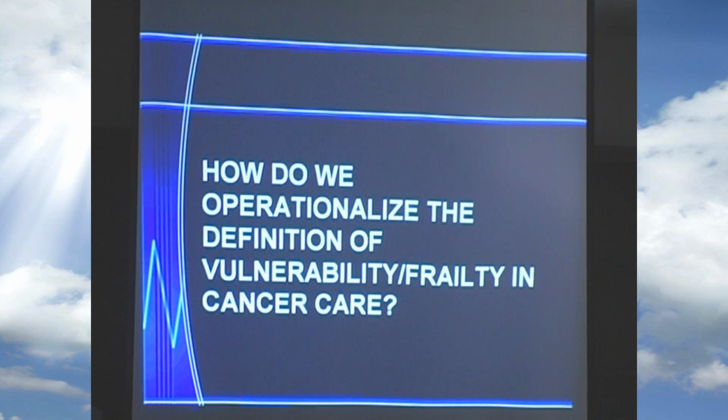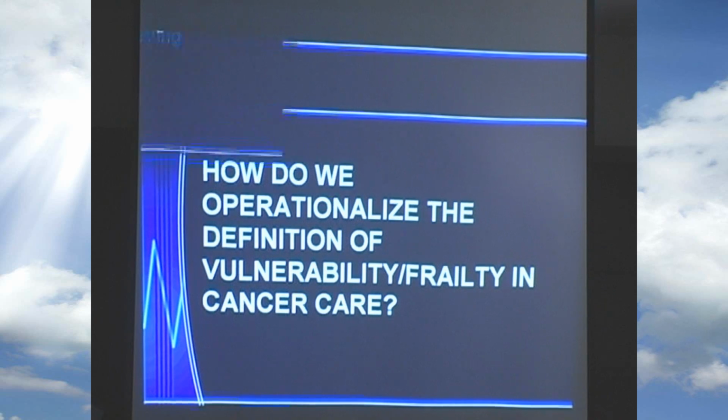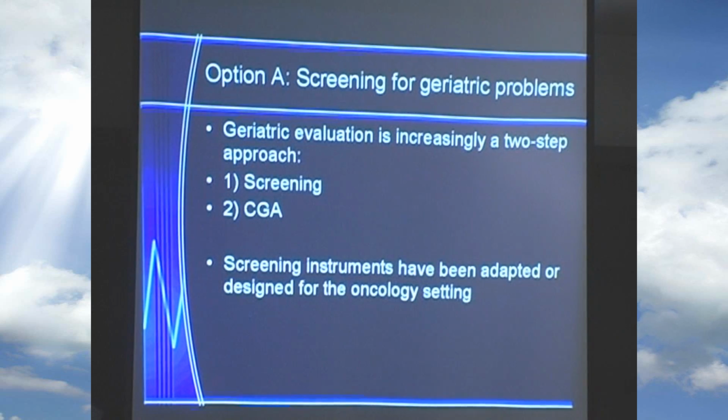And we come to the next definition. Since oncologists are trying to take an operational approach to the definition of frailty, how do we operationalize the definition of vulnerability and frailty in cancer care? Well, an option is to start by screening for geriatric problems.